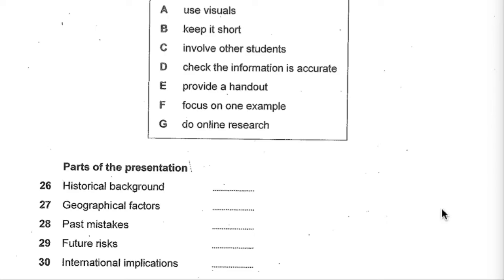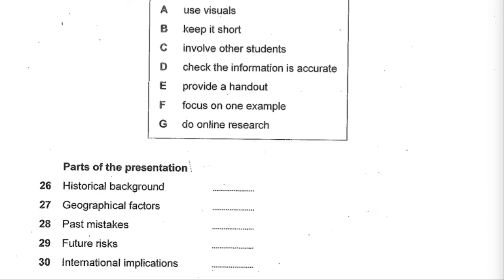It'd be good to go into past mistakes in a bit more detail. Did you read that case study of the problems there were in New Orleans with flooding a few years ago? Yes, we could use that as the basis for that part of the talk. I don't think the other students will have read it, but they'll remember hearing about the flooding at the time. Okay. So that's probably enough background. So then we'll go on to talk about what action's been taken to deal with the problems of coastal cities. Okay.